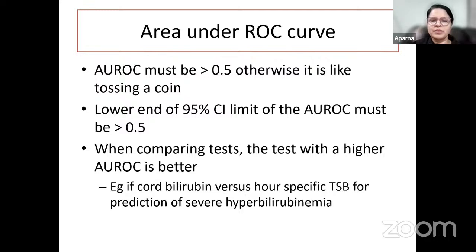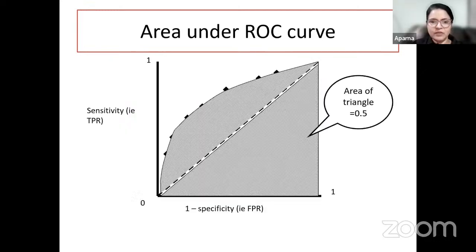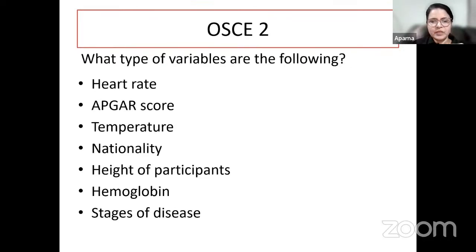In simple terms, likelihood ratio of a positive test means true positivity rate divided by false positivity rate. Then finally, we looked at the ROC curve. The ROC curve is a curve that represents the overall diagnostic performance of any new diagnostic test. The x-axis is represented by false positivity rate or 1 minus specificity, and the y-axis is represented by sensitivity or true positivity rate. So let's now move on to the next question.